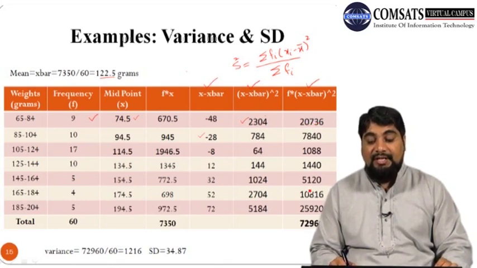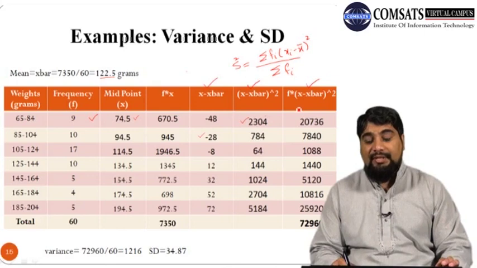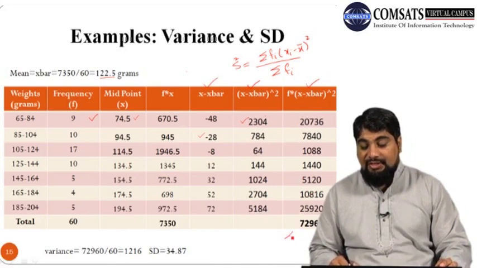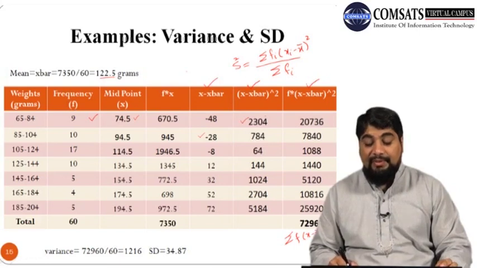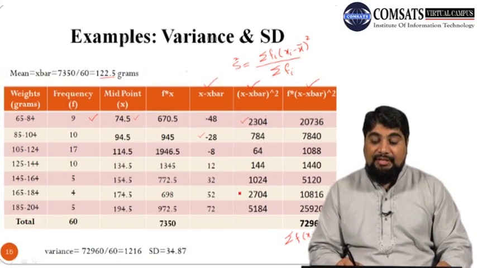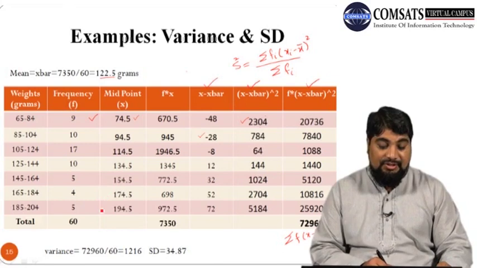So once we have this column in hand, the next step is to calculate this summation fi times xi minus x bar square. It means we need to take the sum of the values in this column. So this is 72960, this is summation f into x minus x bar square. Next we need summation fi, which is already calculated to be 60.